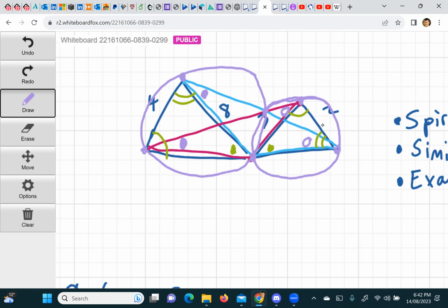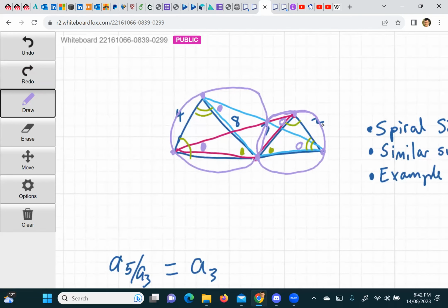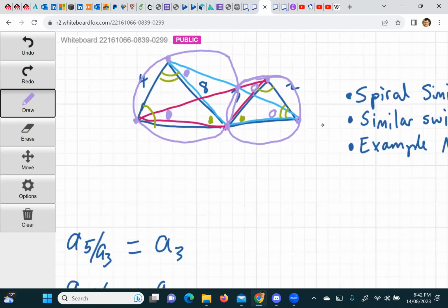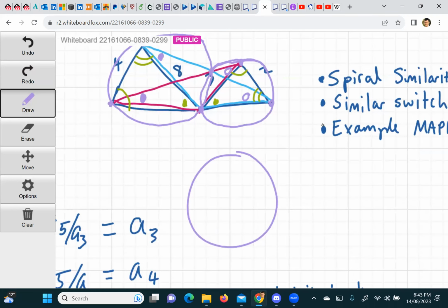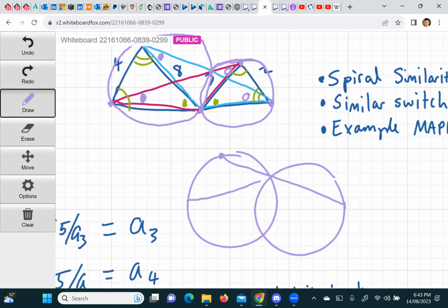And actually, anytime you have two intersecting circles like this, you always get a spiral similarity. They don't have to be equal in size, but you have lines like this, then you always get a spiral similarity at the other point of intersection.